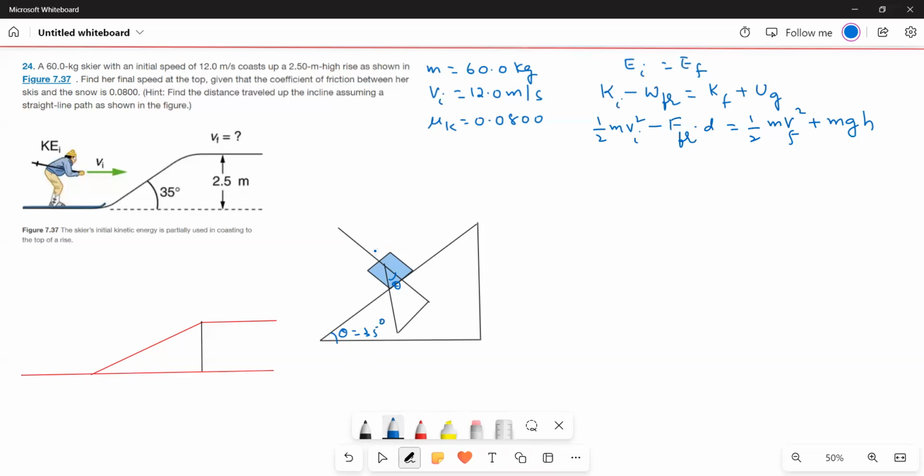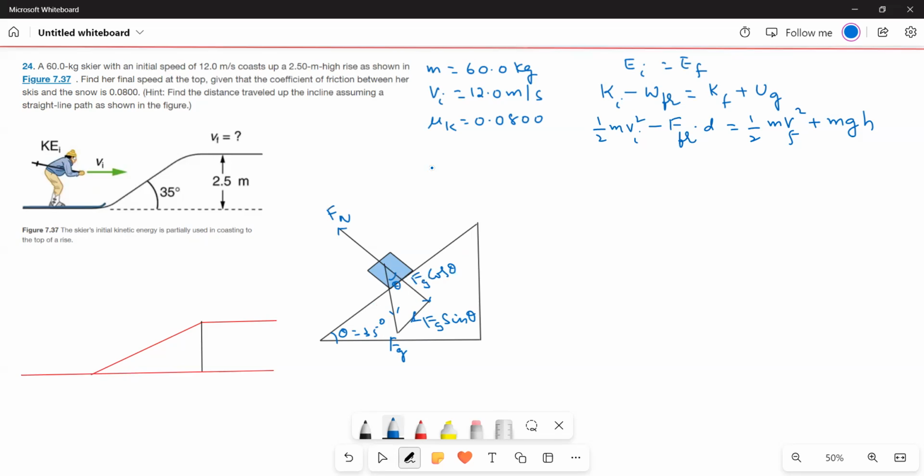Now this is the Fn acting vertically upwards. Fg acts vertically downward. The component along the slope is Fg sine theta, the opposite side, and the component perpendicular to the slope is Fg cos theta.